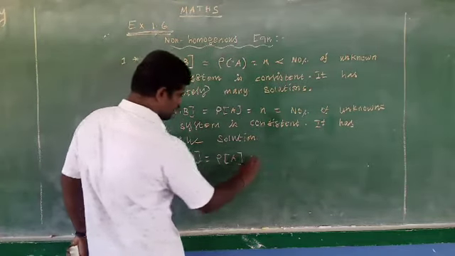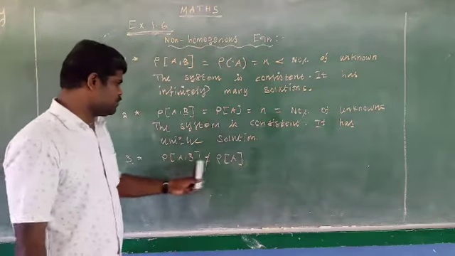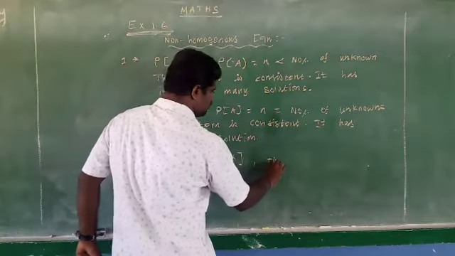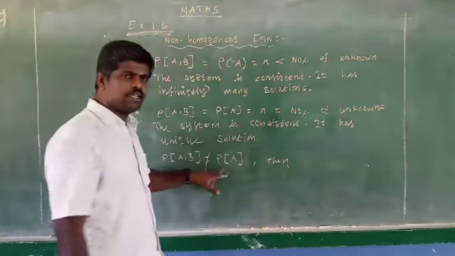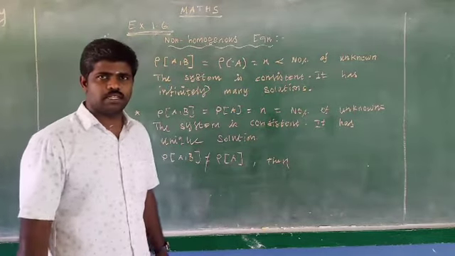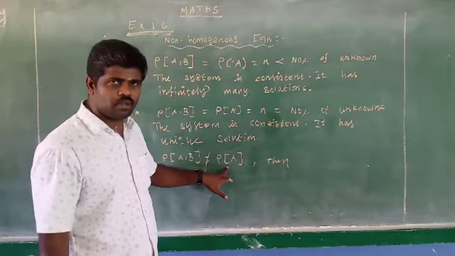And one more case: if the rank of A comma B is not equal to the rank of A, we need not consider the number of unknowns.